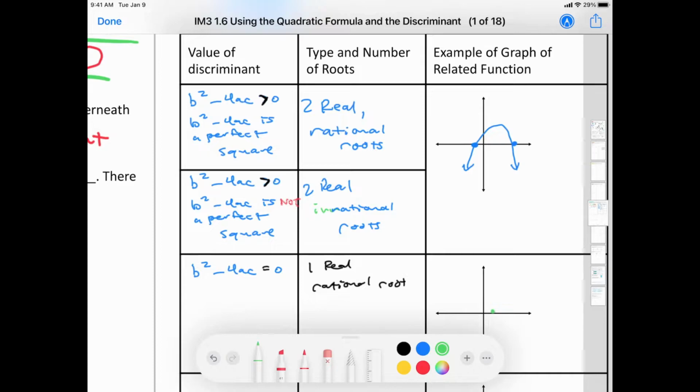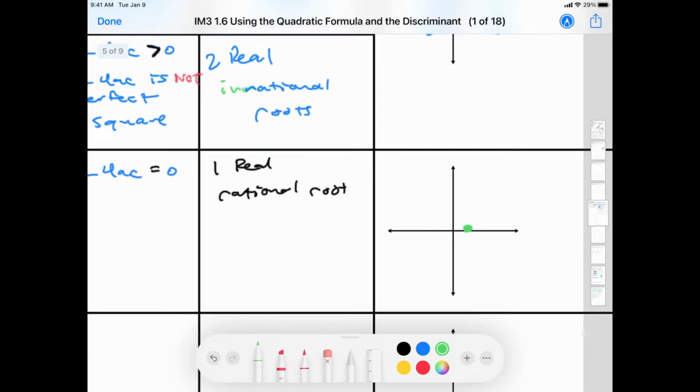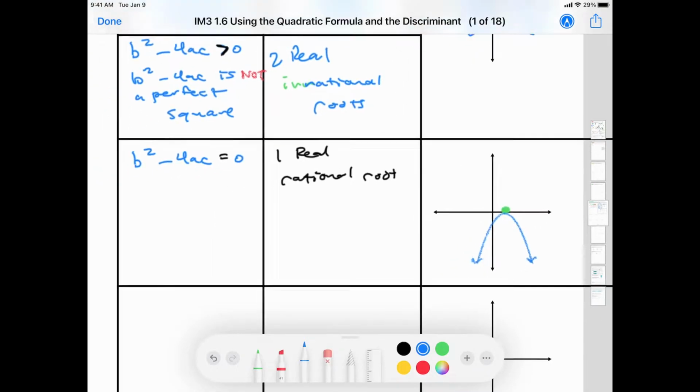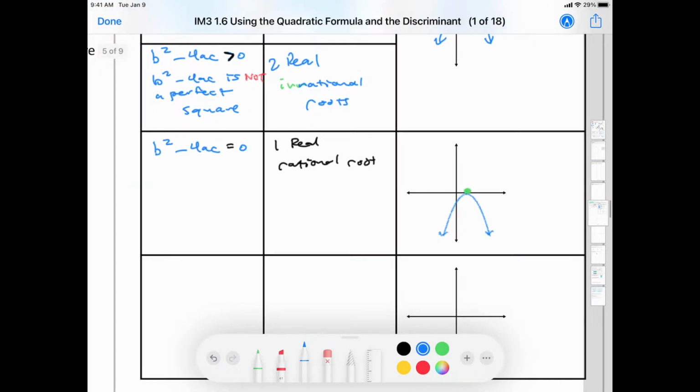This is the situation where I call it a double root. It's a parabola that touches the x-axis once, but it counts as a double root. So that's when the discriminant is equal to 0.